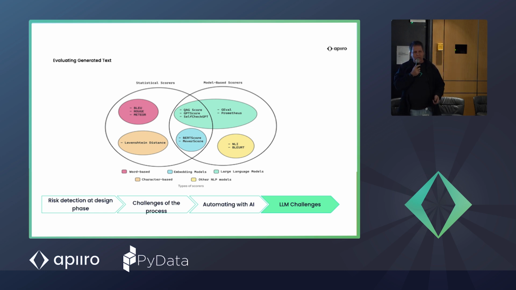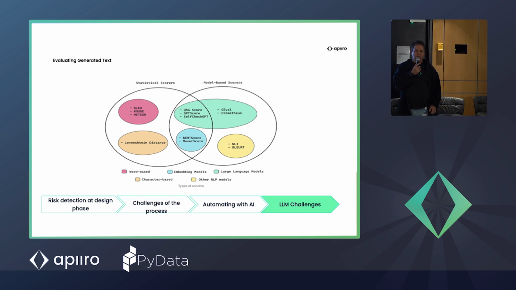I'll talk regarding G-Eval. This was a metric which Microsoft published in a paper, and what it's about is they use a chain of thought to evaluate the generated output.